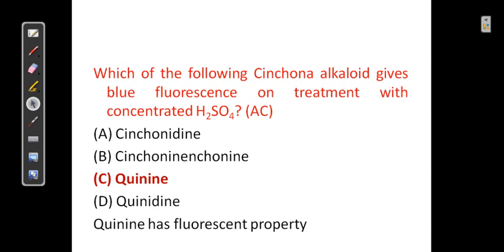Quinine and quinidine, these both are isomers of each other. Quinine has fluorescent property. So when it is treated with concentrated sulfuric acid, it gives blue fluorescence in the presence of UV light.